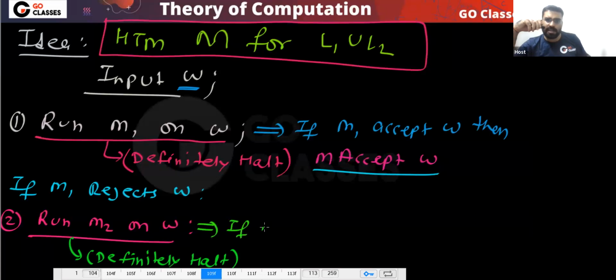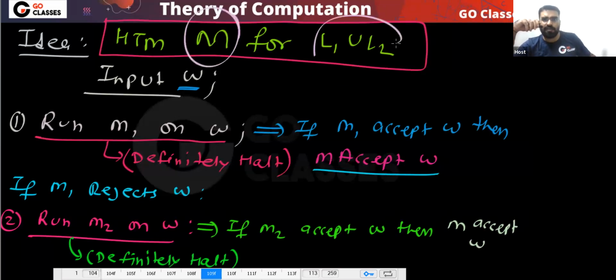Now, if M2 accepts W, then also M accepts W. Yes or no? We are creating a halting Turing machine for L1 union L2.